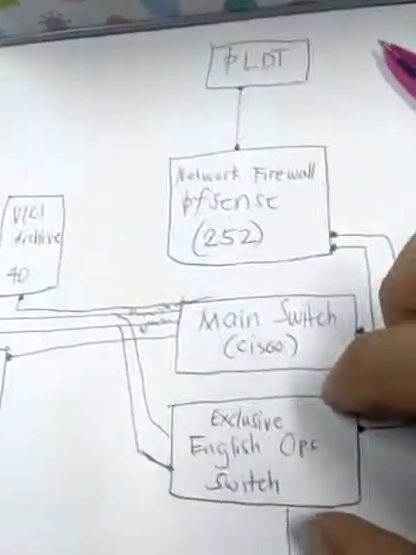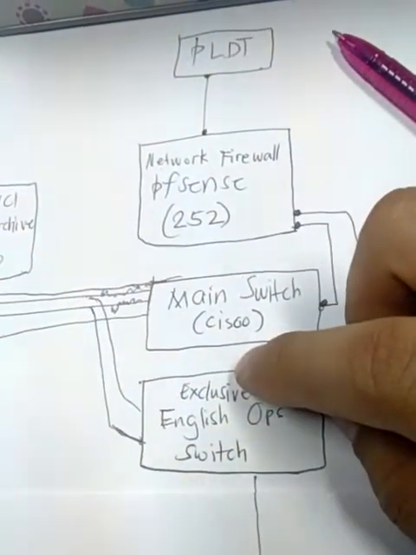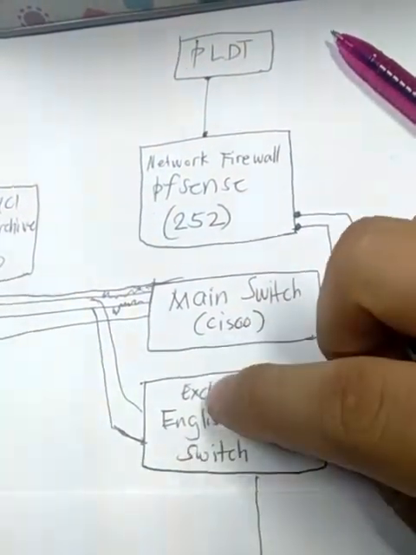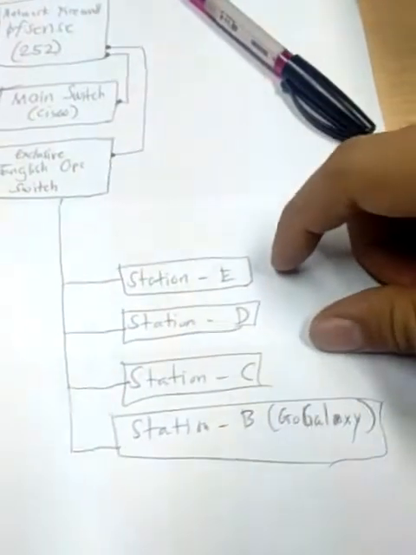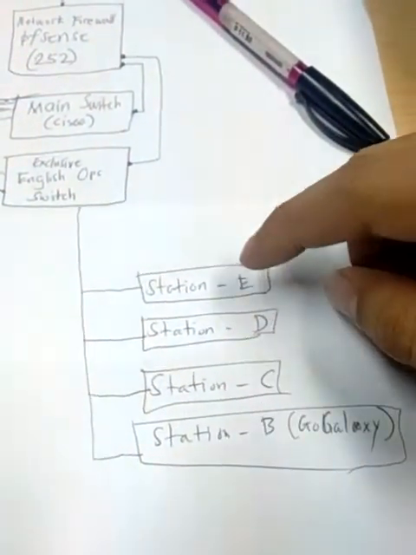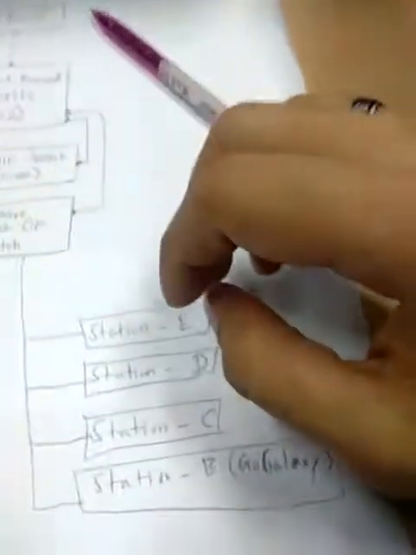So what we did is we separated them with another switch, and from there we isolated only the VC dial users. Let's call them the English ops, the workstations that only access VC dial.